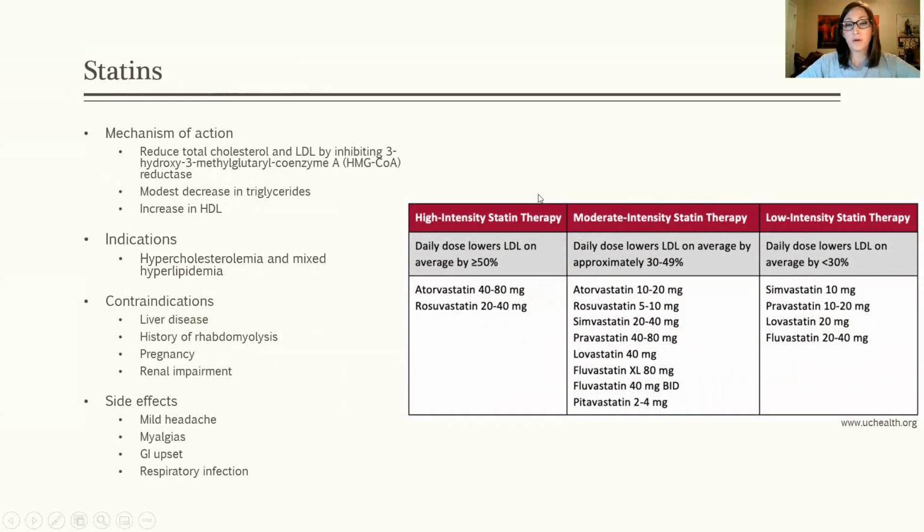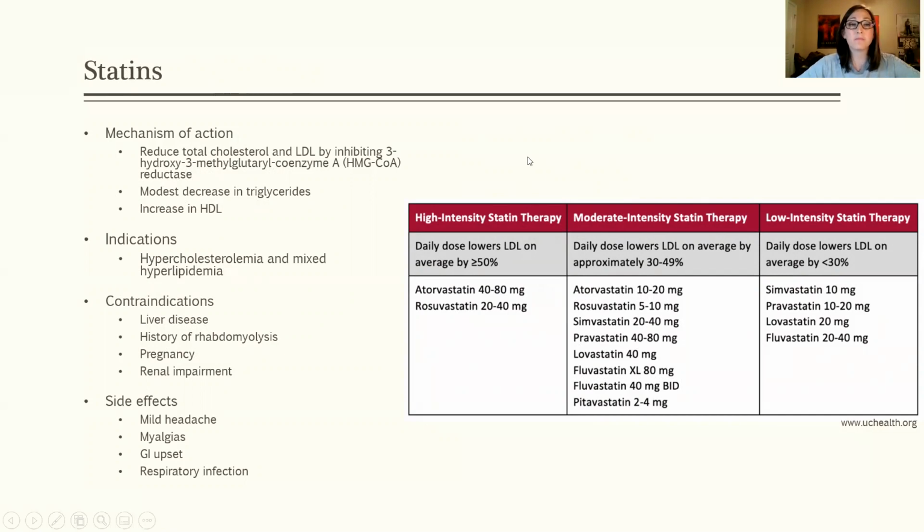So here I have statins. I have this chart pulled up, and it shows the different intensities based on risk stratifications and lab levels, a lot of different factors, but showing how much each medication lowers cholesterol levels based on the various dosages of these medications.